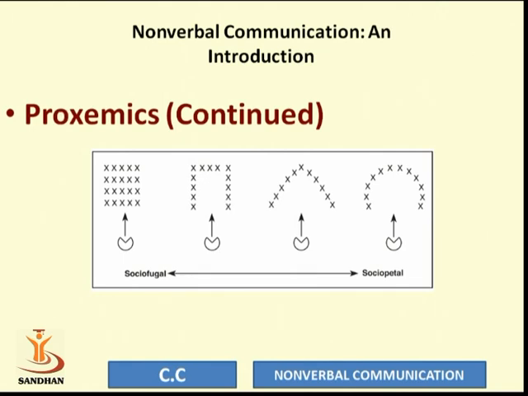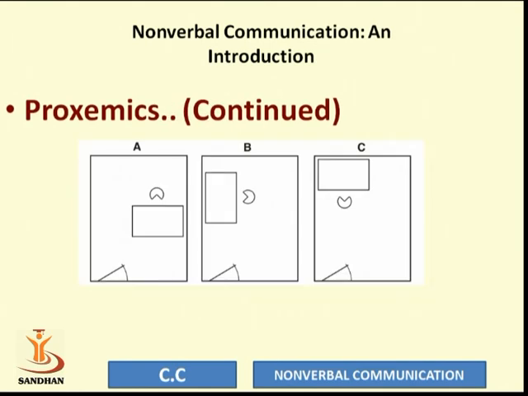The first arrangement of sitting is known as sociofugal, and the more we proceed towards the second, the third and the fourth, the more sociopetal we become. So our goal would be to move from sociofugal to sociopetal arrangement of seats.